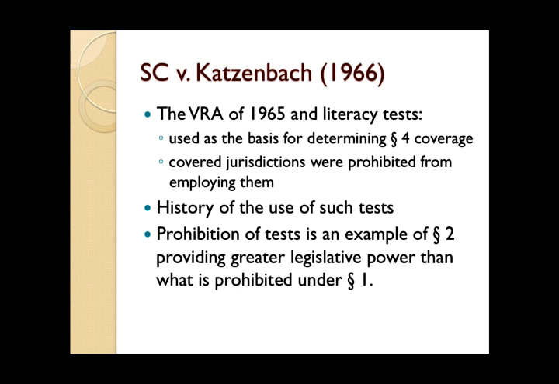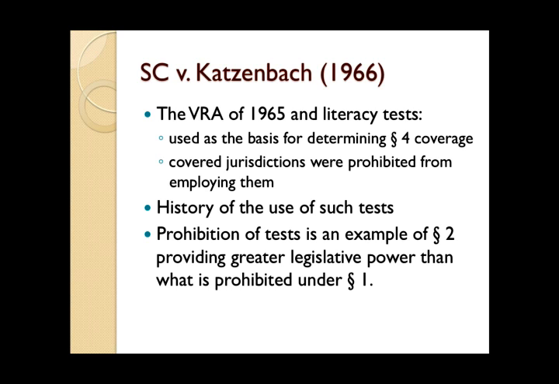Right? So think about that Section 2 power and compare it to the Section 5 power that the court upholds for another part of the Voting Rights Act under the 14th Amendment's enforcement power. So Section 5 of the 14th Amendment is the equivalent of Section 2 of the 15th Amendment. And the power of Congress under both of those sections is equivalent.